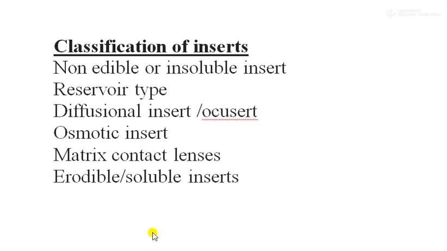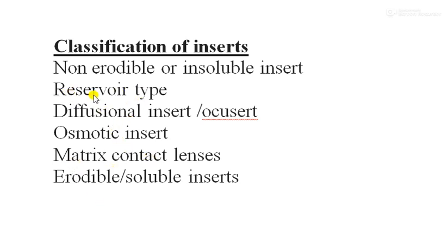Let's see the classification of ocular inserts. Basically, it is classified into two classes, that is non-erodible or insoluble inserts and erodible or soluble inserts. In non-erodible or insoluble inserts, there are another two types, that is reservoir types and matrix types.